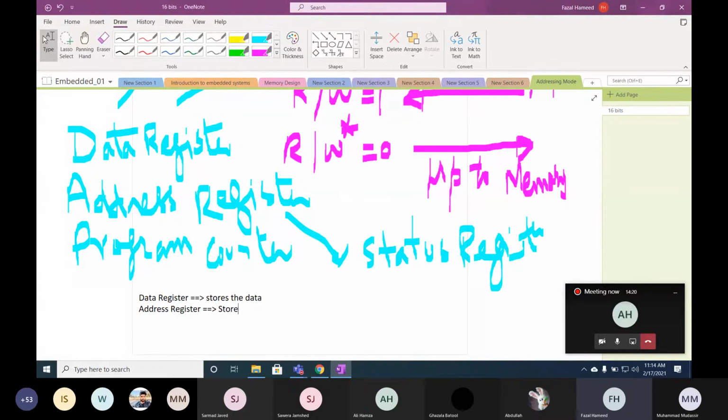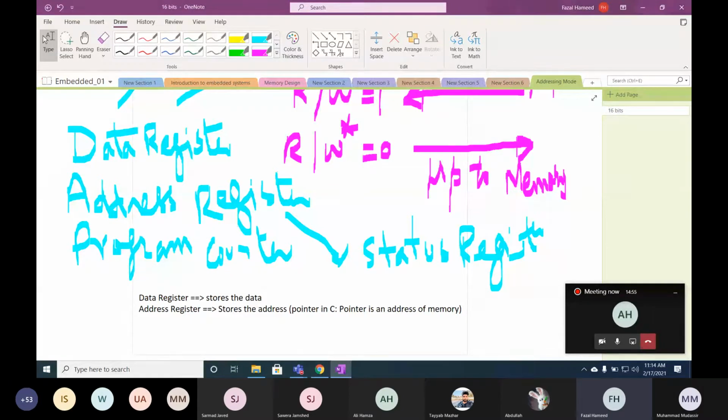If you have studied C++, do you know what a pointer is? A pointer is actually an address in memory. So we have two types of register: the data register stores the data, the address register stores the address. Okay? And program counter and status register, we will study later on.